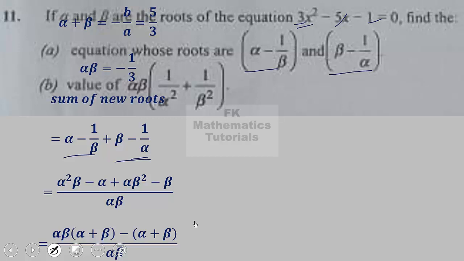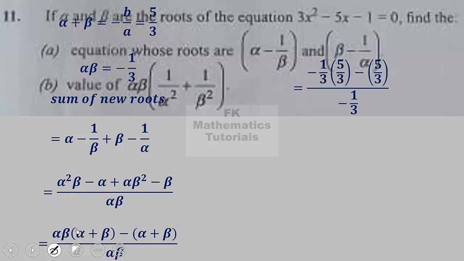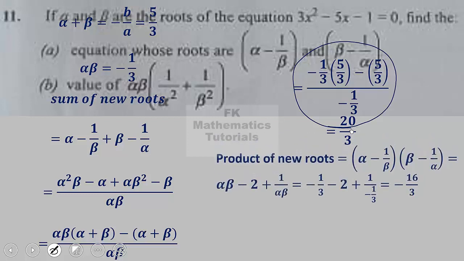So we need to substitute. Upon substitution, we obtain this expression here. And now we need to simplify this to get 20 over 3. So our sum of roots for the new equation is 20 over 3.